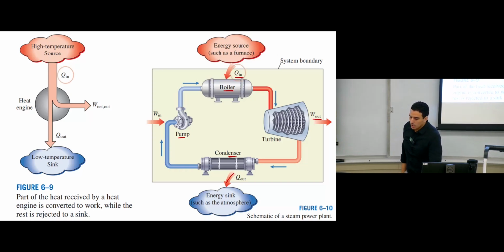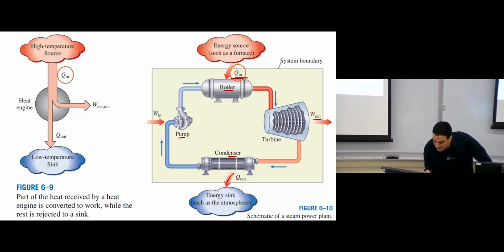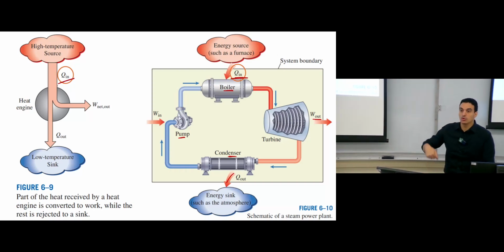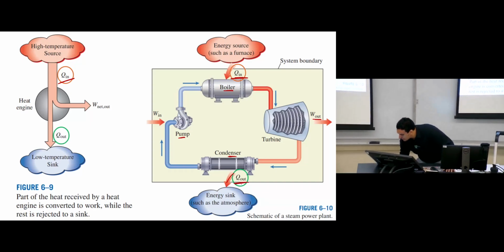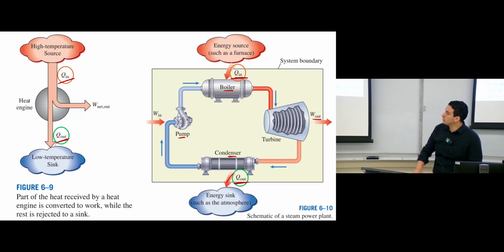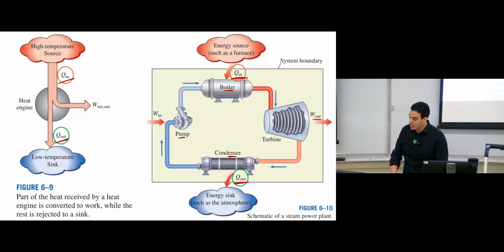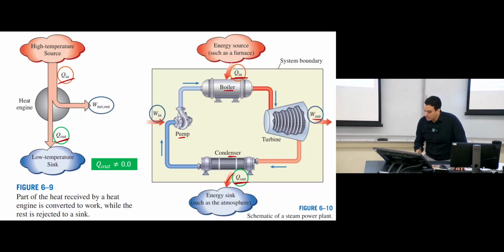Okay. So this QH that is added in the boiler is the same as the QH we said. It will go to the working fluid from the high temperature source. Q out, the heat rejected at the condenser, is the same as the Q out we mentioned here at the low temperature sink. Here in the simplified diagram we said we have net work. But here we have something called work out, and something called work in.